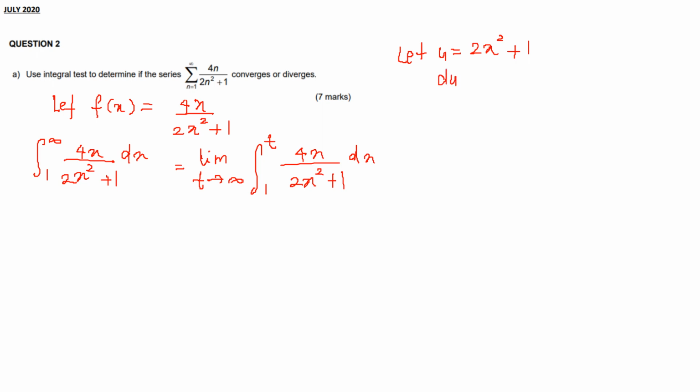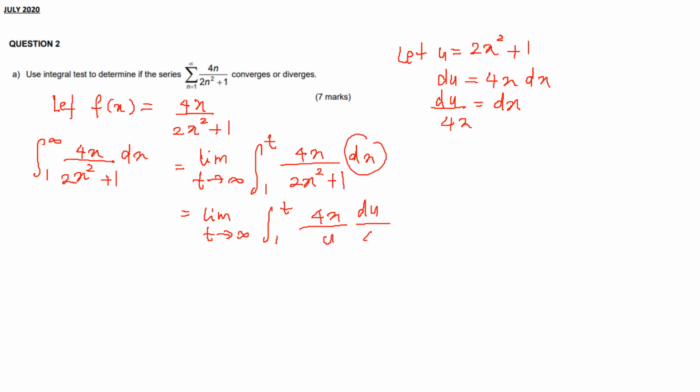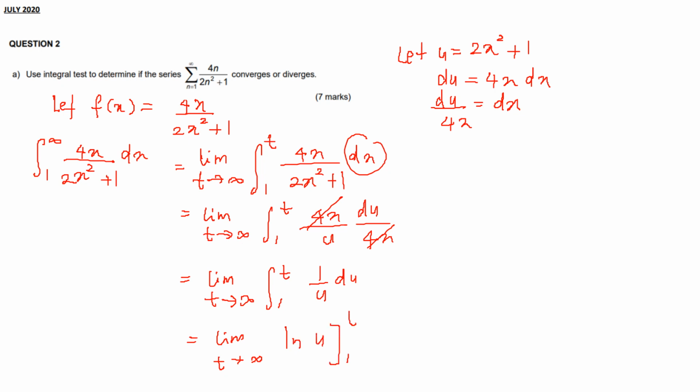Differentiating, you will get du equals 4x dx, so du over 4x equals dx. Limit t approaching infinity, 1 until t, 4x over u, and dx equals du over 4x, so you can cancel this out. Integrating with respect to u, you will get limit t approaching infinity of ln u, from 1 until t.